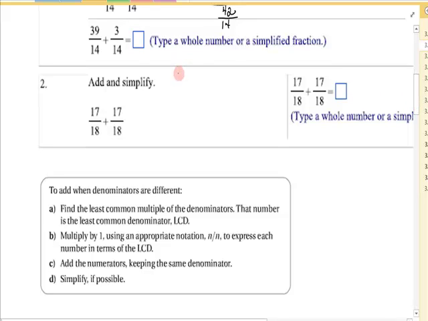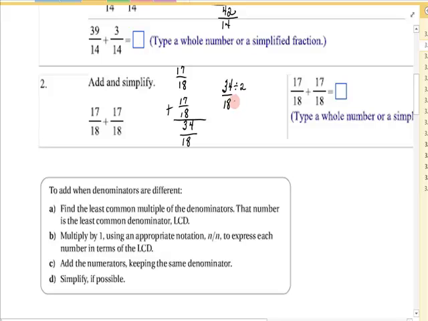Let's look at another one. I have 17/18 plus another 17/18. I keep the denominator of 18, and I add 17 and 17, which is 34. All right. 34/18 is the answer, but perhaps not in the right form. These are both even.